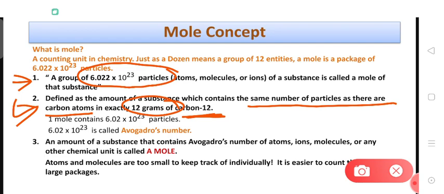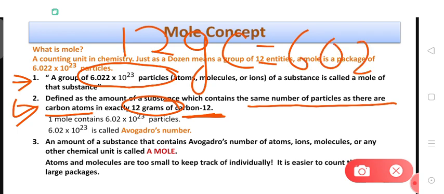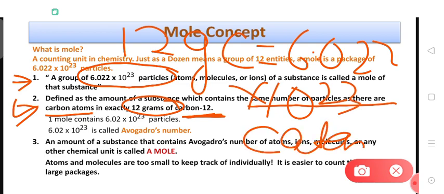So dear students, 12 gram carbon contains 6.022 × 10^23 carbon atoms, right? So you can learn here the amount of substance which contains the same number of particles as there are carbon atoms in exactly 12 grams of carbon.